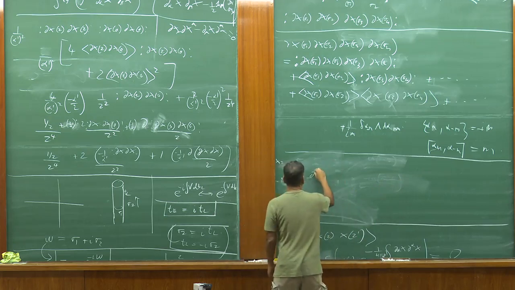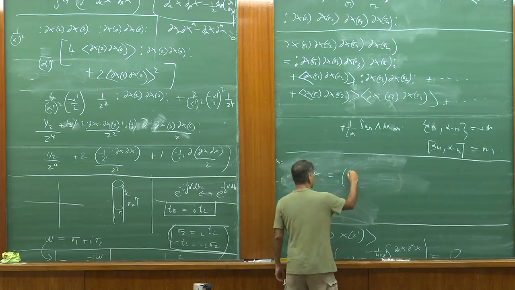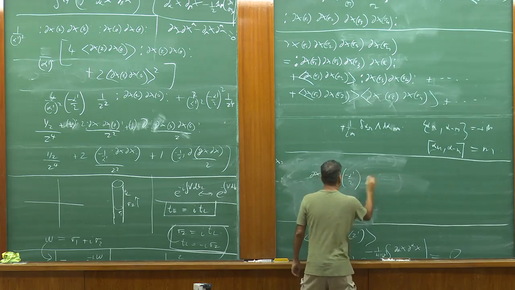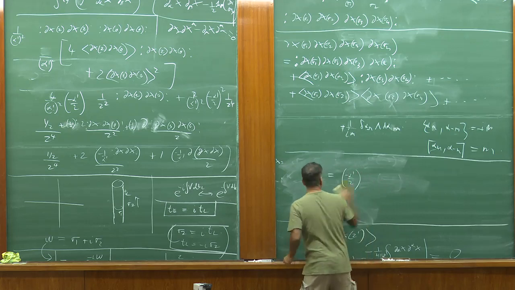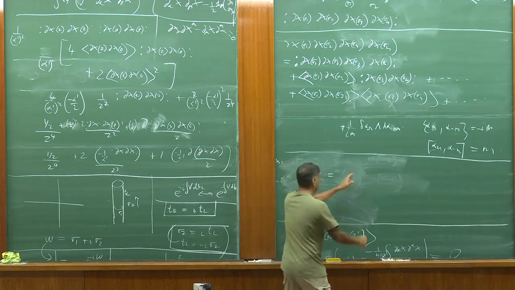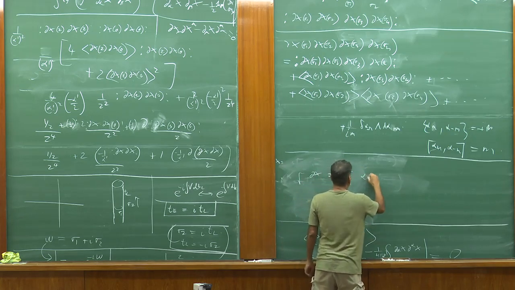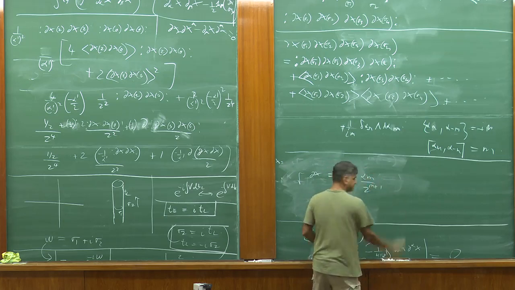Our expansion was del X equal to alpha prime by 2, ignoring the factors, sum over m of alpha_m by z to the power m plus 1.